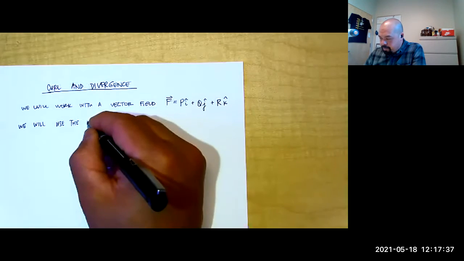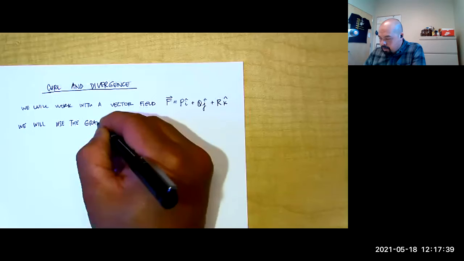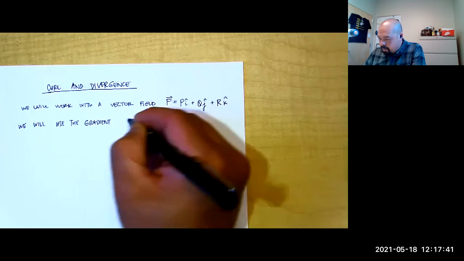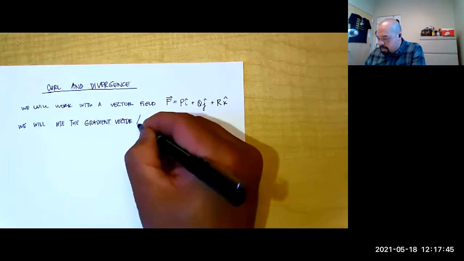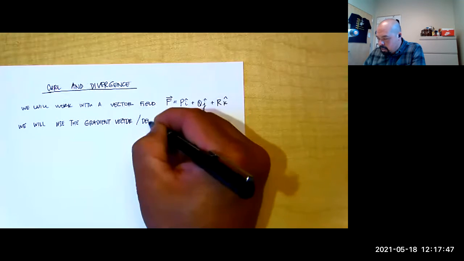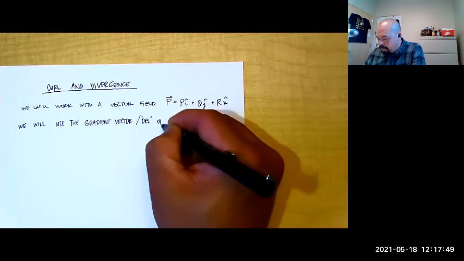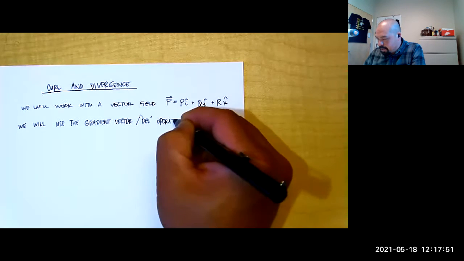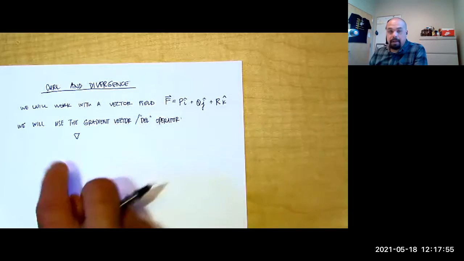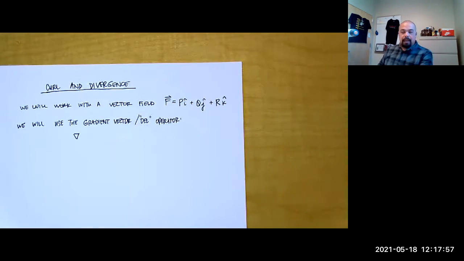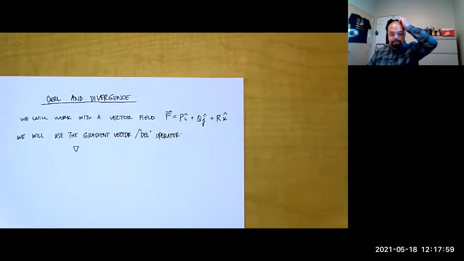And we're going to use the gradient vector, or what we'll call the del operator, that inverted triangle, that upside down delta.